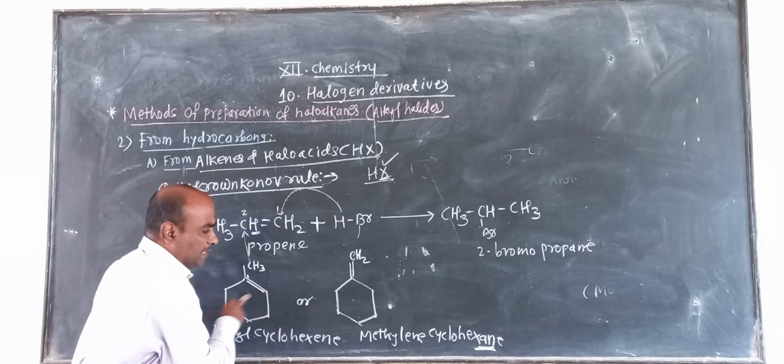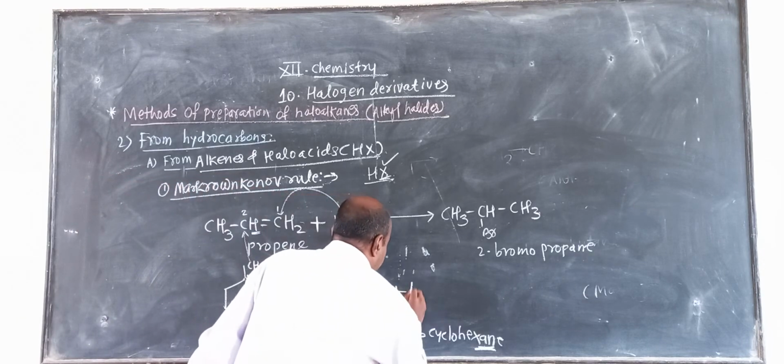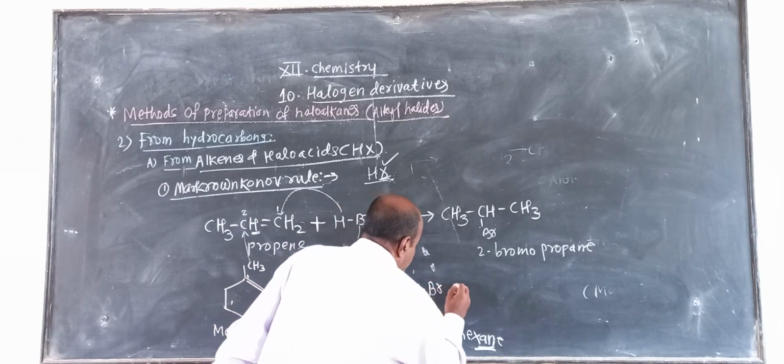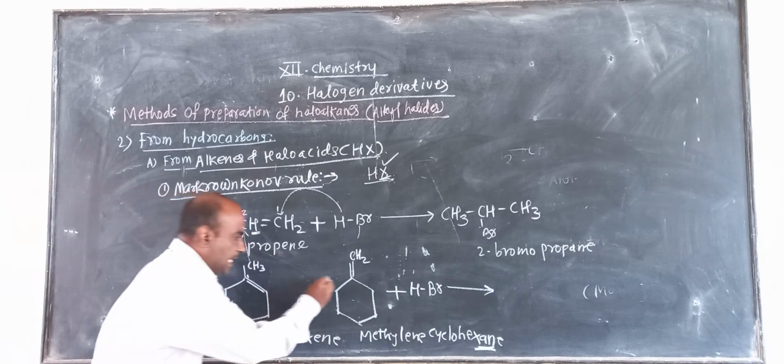When these two compounds are added with a halo acid like HBr, see here, this is carbon number 1.